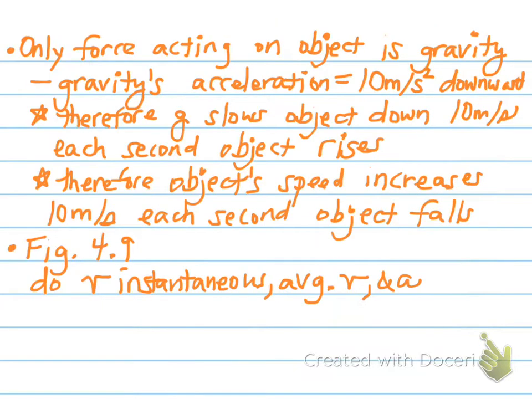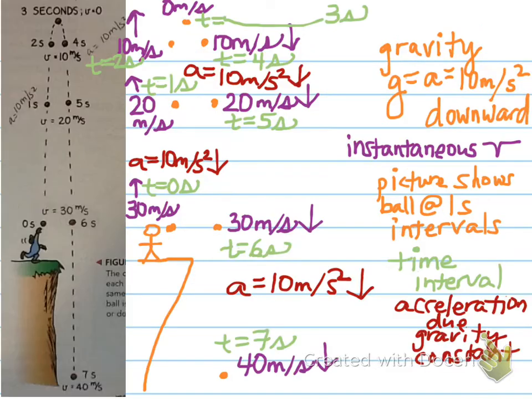All right, the last thing we wanted to look at was our average velocity. So we're going to use some pink. Our average velocity from here to here, I have 30 meters per second plus 20, which is 50, divided by 2, which is 25 meters per second.